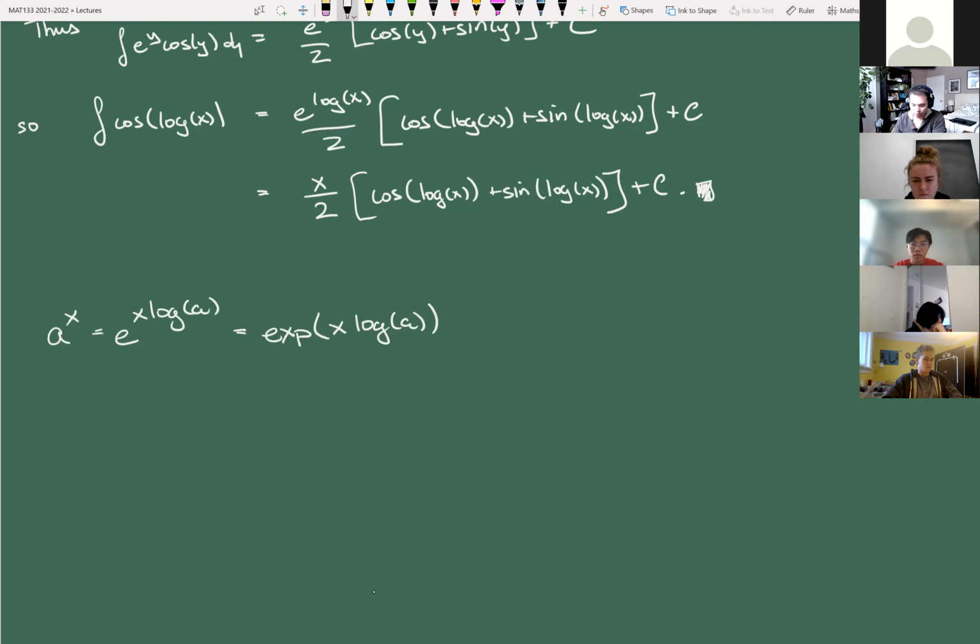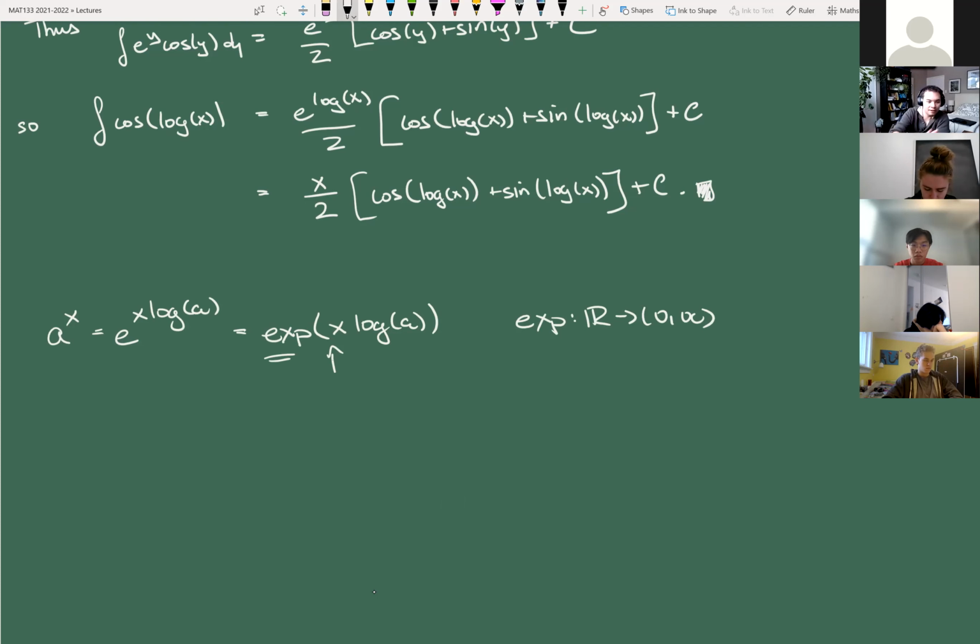Both of these things are defined for all real numbers. The exponential function is a map from R to (0, infinity), so you can definitely plug in any real number x into it. And log is also defined.